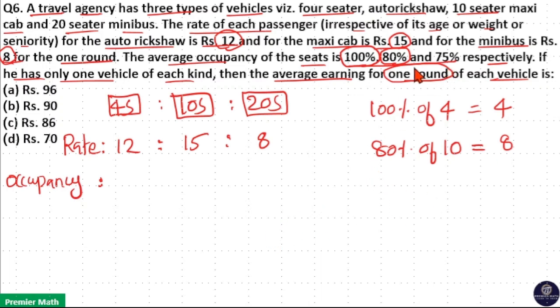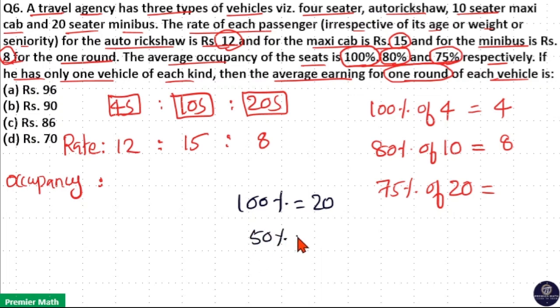Again, in minibus, 75% of the seat is occupied. So, 75% of minibus has 20 seat. Here, 100% is 20. Then 50% is 10. 25% is 5.